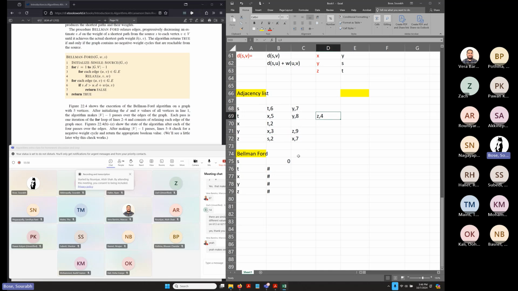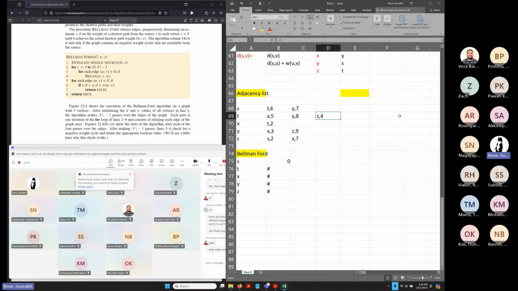Now, just to make you understand that I can move this around into a random order, but what I'm going to do is just follow this order. You do understand that you could very well have written this down in a different order, X, Y, Z, T, Z, S, right? That would have been fine as well. I'm just doing it like this.